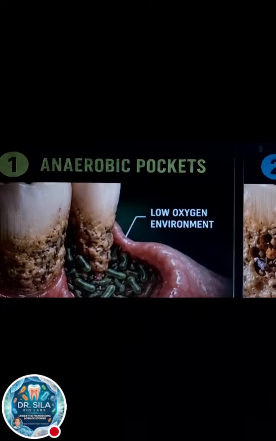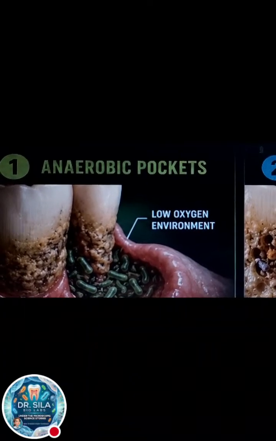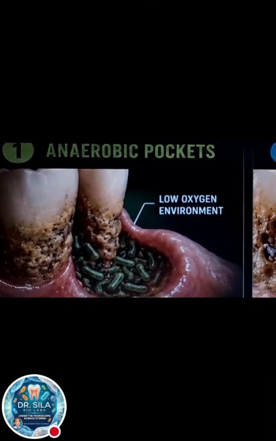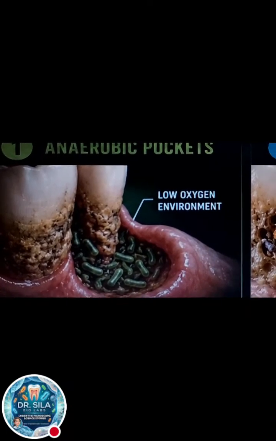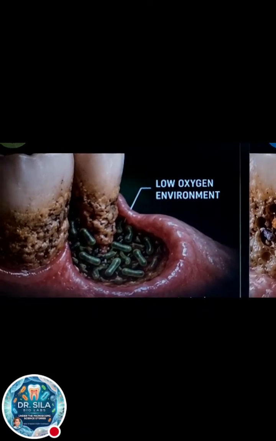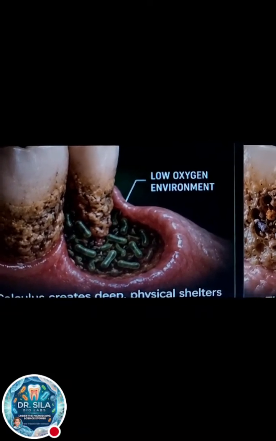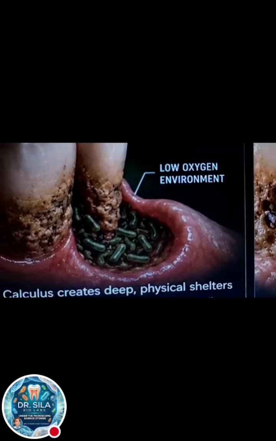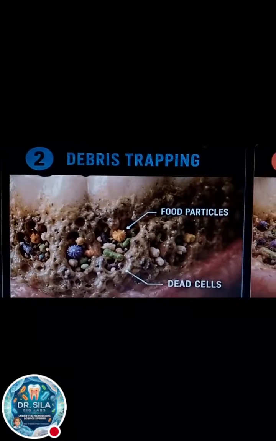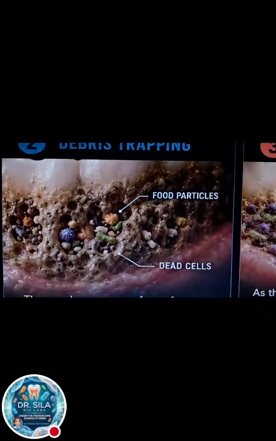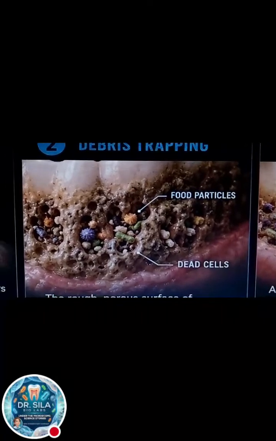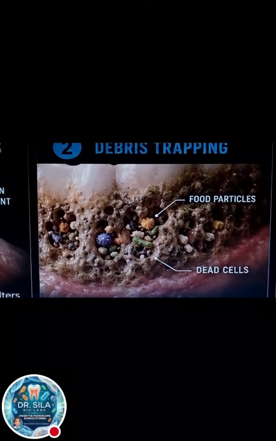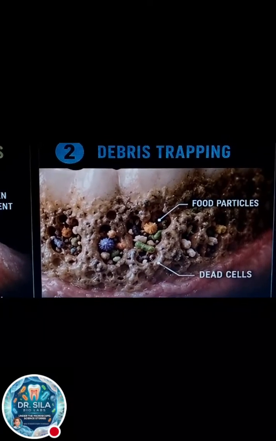See, low oxygen environment, anaerobic pockets. Calculus creates deep physical shelters under the gum line because oxygen cannot easily reach there. It creates a perfect breeding ground for highly destructive, oxygen-hating anaerobic bacteria. Then you can see debris trapping: food particles and dead cells. The rough porous surface acts like a sponge, trapping the food debris and dead cells, which decompose.